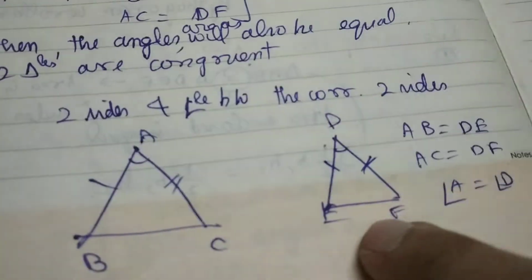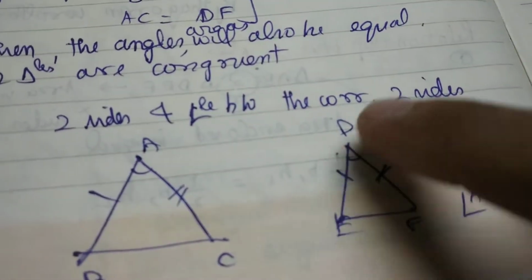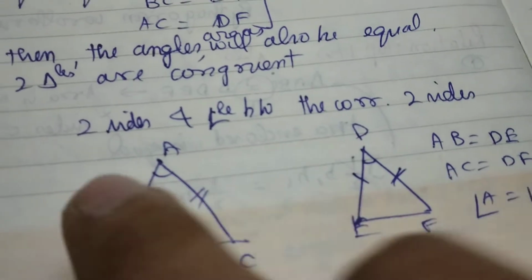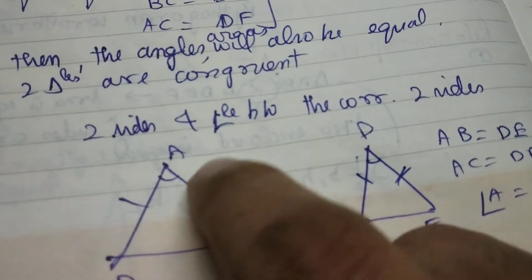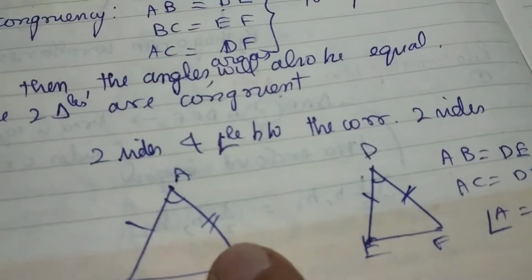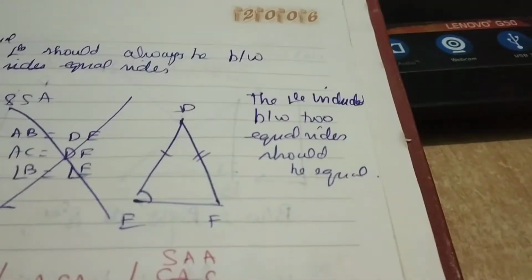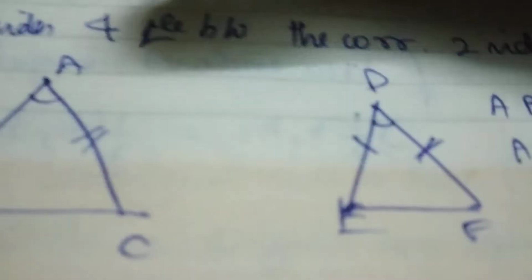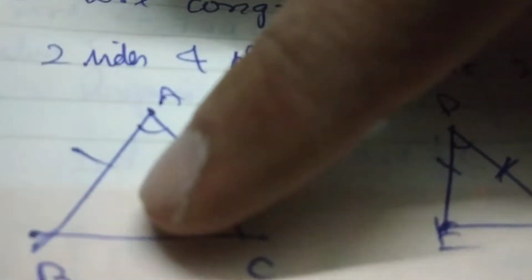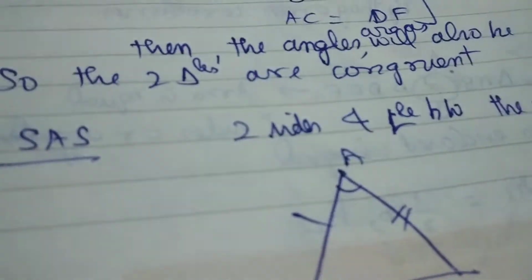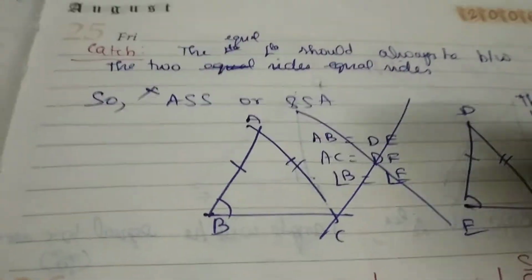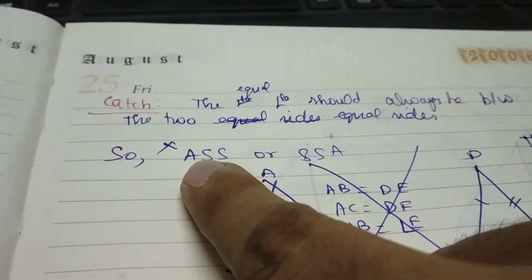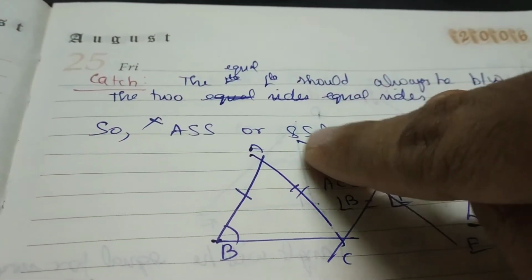AB is equal to DE and AC is equal to DF. Now we are considering this angle A only, not any other angle. See my definition clearly. The angle included between the two equal sides. So I should see only angle A and angle D, not any other angles. Okay. So this SAS congruency cannot be called ASS congruency or SSA congruency.